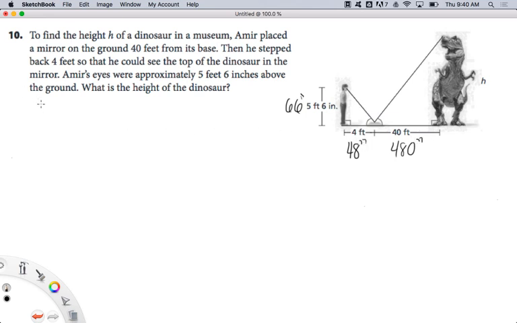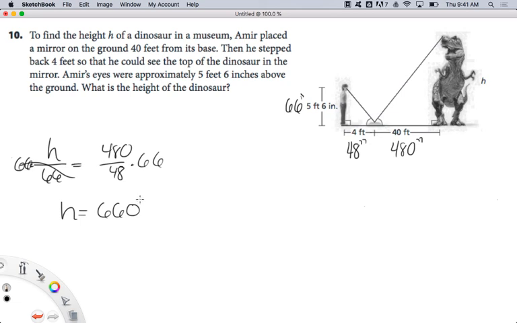And then once I've got that, it's simple. H over 66 equals 480 over 48. Multiply both sides by 66. And I get H equals 660 inches. Now, once I've got that in inches, I'm good.